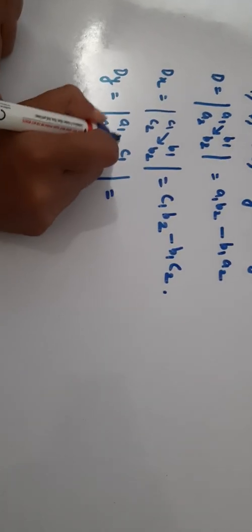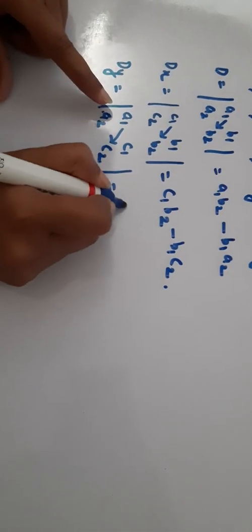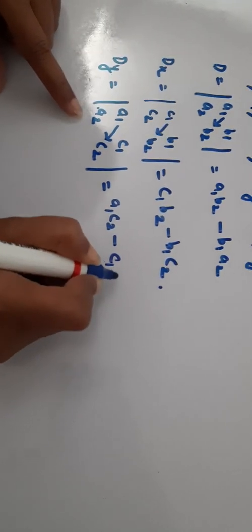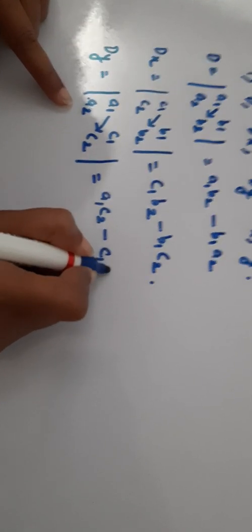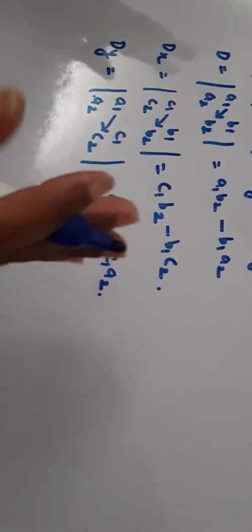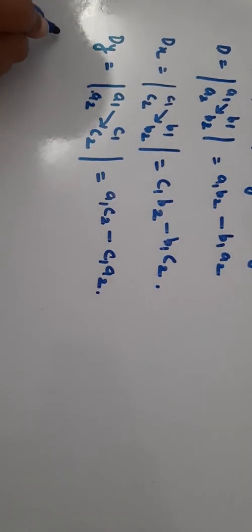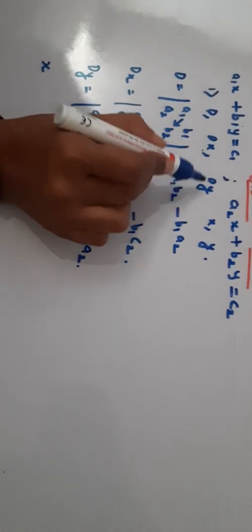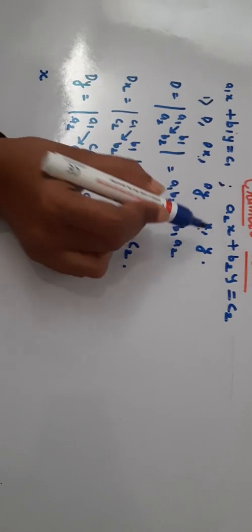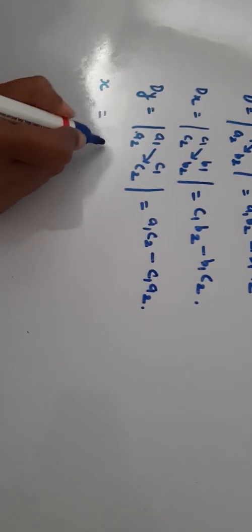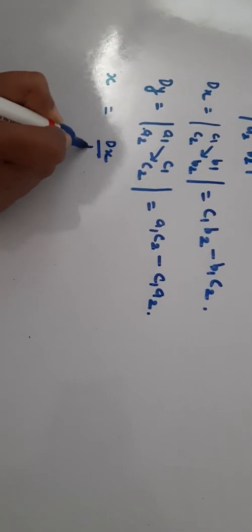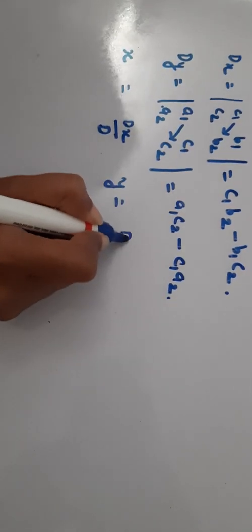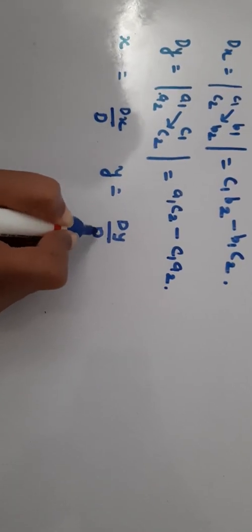Again cross multiply, so it is a1 c2 minus c1 a2. This is done. Now to find out x and y: D, Dx and Dy we have calculated, so x will be Dx upon D, and y will be equal to Dy upon D.